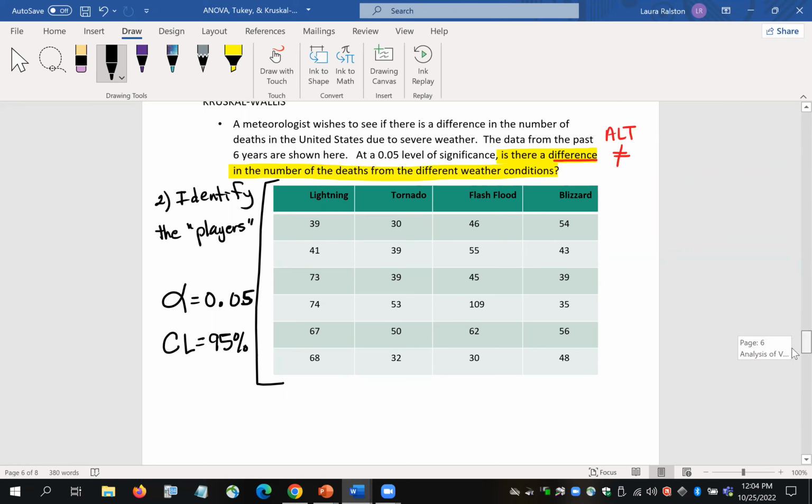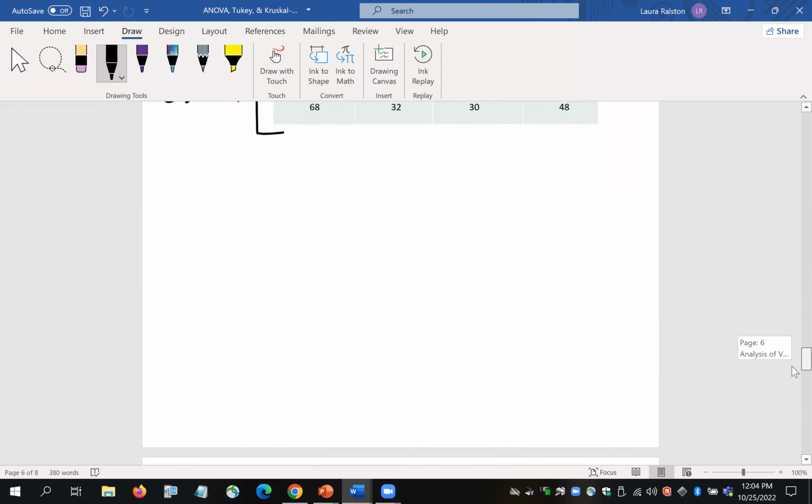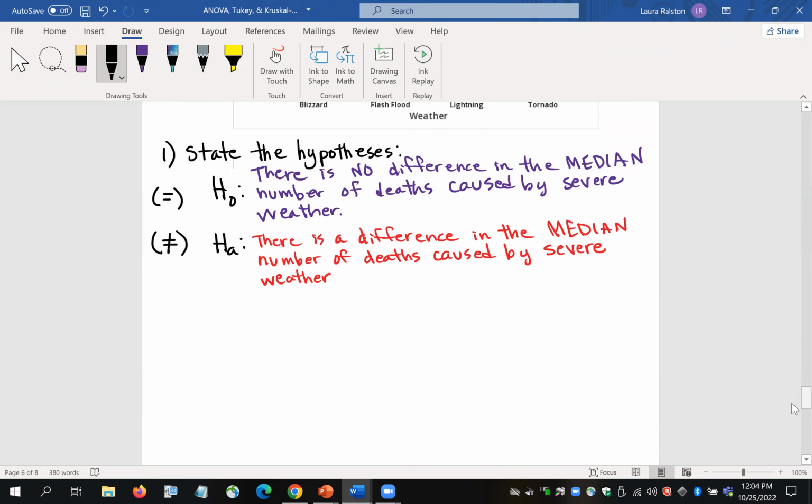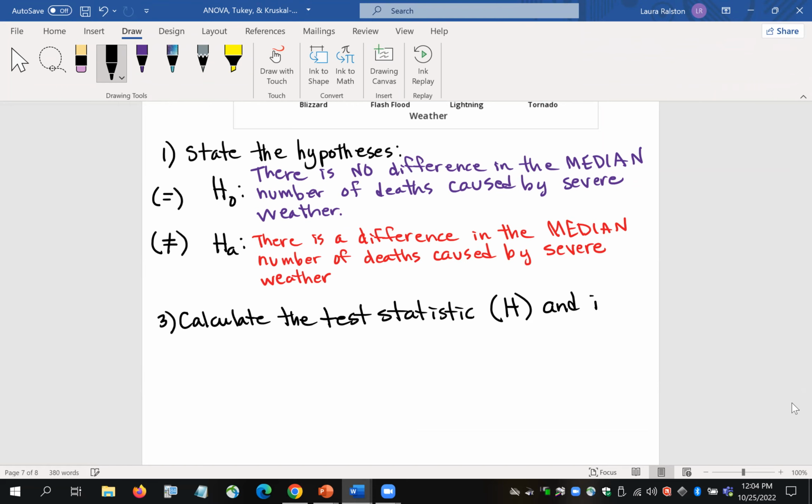Again, we've already decided we're going to do Kruskal Wallis because the distributions were not normal. So step 3 is to calculate the test statistic, which in this case is going to be the H, and its p-value.